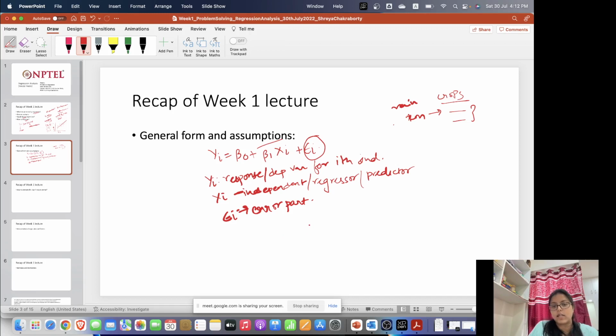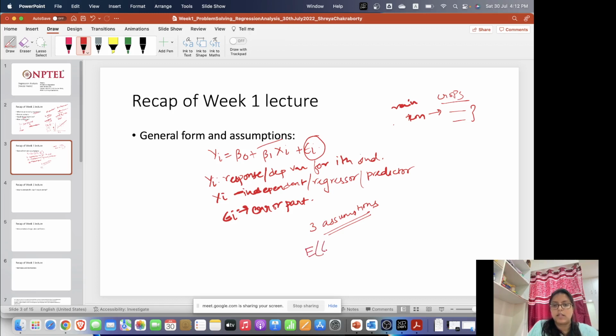Mainly there were 3 assumptions. Anybody remembers? Yes, ma'am. Epsilon i is a random variable with 0 mean and variance sigma square. And epsilon i and epsilon j are uncorrelated and normally distributed.